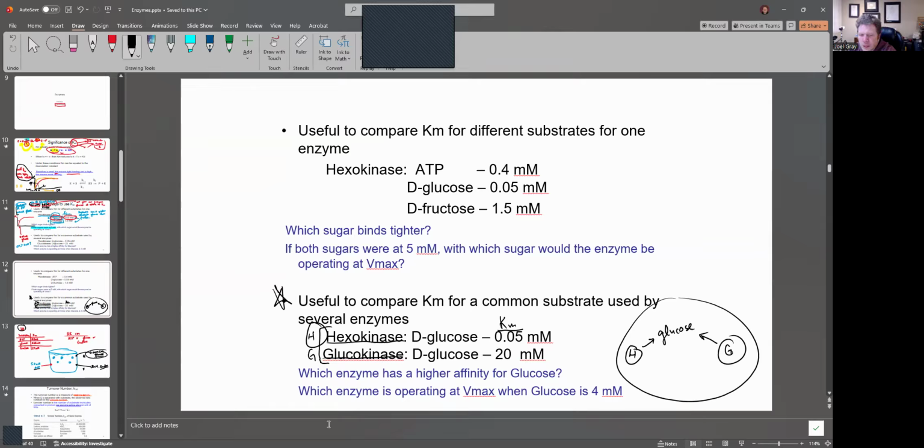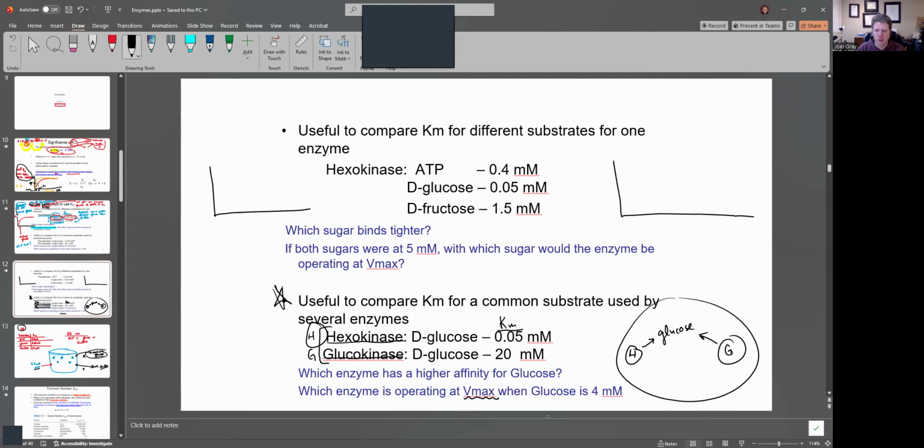Okay. So then this next point, which of these enzymes, hexokinase or glucokinase, when you consider there are two KMs for glucose, which one is operating at maximum velocity when glucose is provided to both of them at 4 millimolar? What I think is really good for this is to draw a graph.